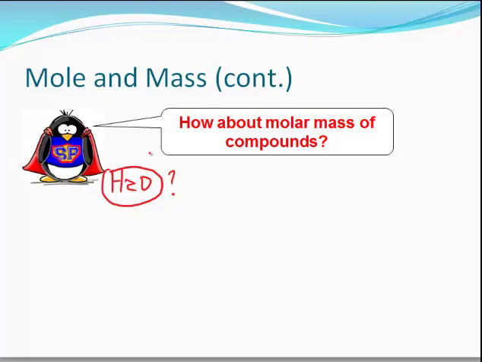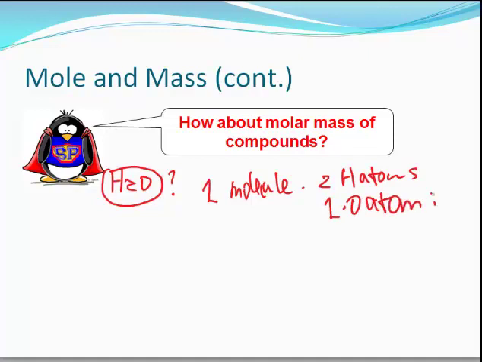Later on we're going to learn the law of definite proportions and the law of multiple proportions. It clearly lays out that 1 water molecule will have 2 hydrogen atoms and 1 oxygen atom.